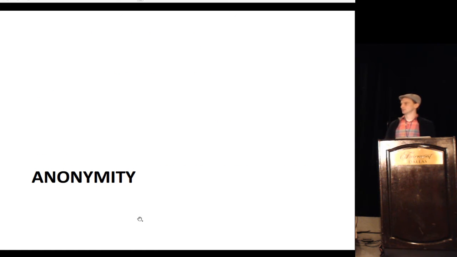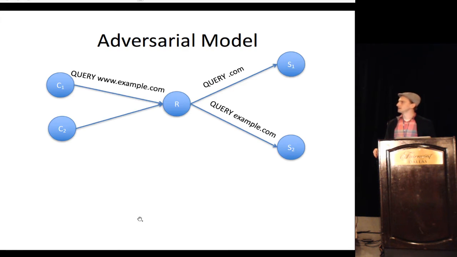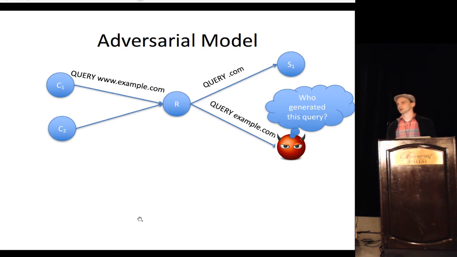Okay, so now that I've covered privacy, I'll move on to anonymity. And just like before, I'll describe the adversary model that I'll start with. So we have here just multiple clients talking to a recursive resolver, and then some stub servers sitting on the right. And our adversary here, instead of being one that's snooping on all the traffic, is a stub server who's trying to answer the question, who generated this particular query?